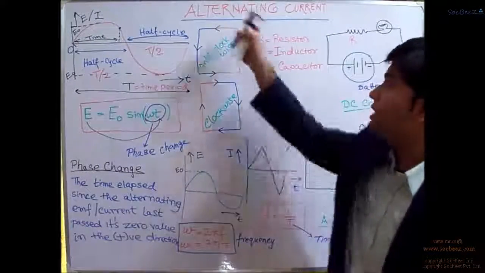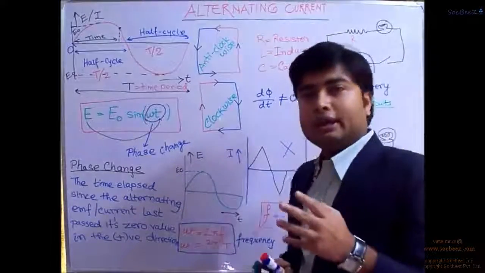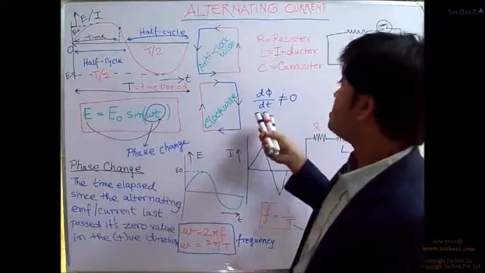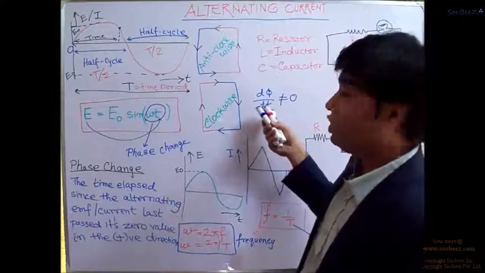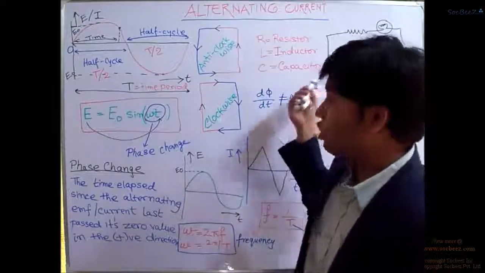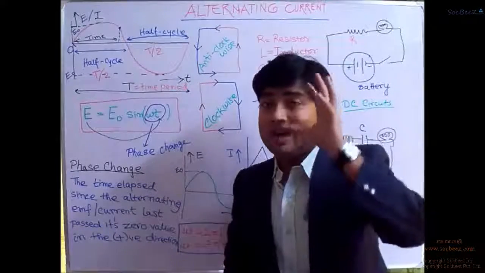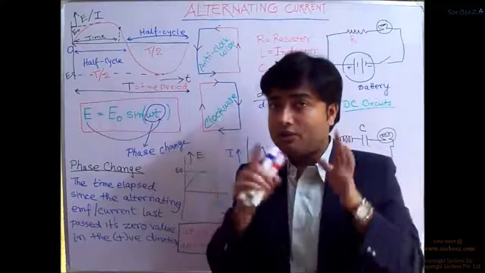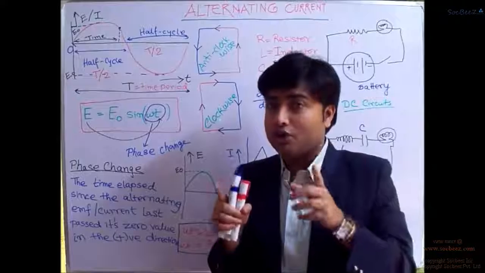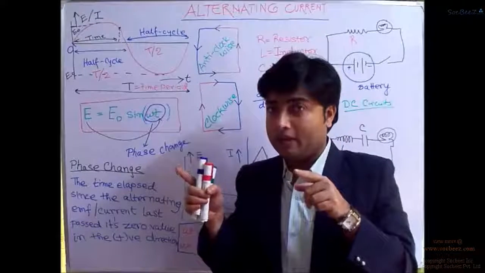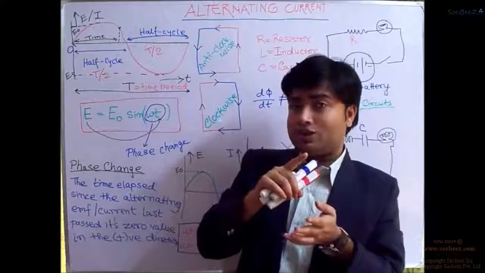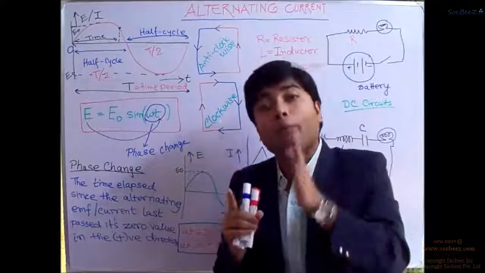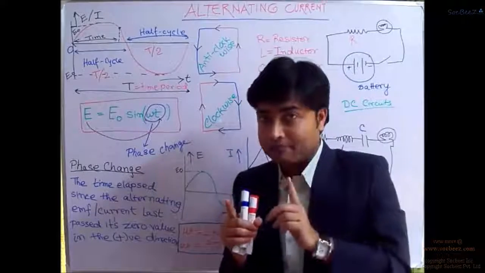The procedure by which it could be produced would be the AC generator, which we will be discussing later on. And over here we could see that d phi divided by dt is not equal to 0, which means the flux is changing with respect to time. Taking Faraday's law into remembrance, we could understand that an induced EMF will come into play, right? And according to Lenz's law, the direction of this induced EMF or induced current will be such that it will oppose the change that is producing it, right?